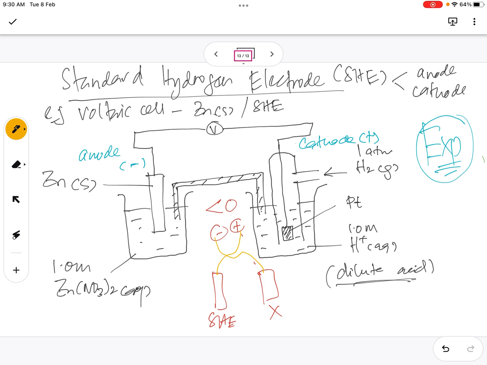Jadi siapa akan jadi cathode sekarang? Who is the cathode now?